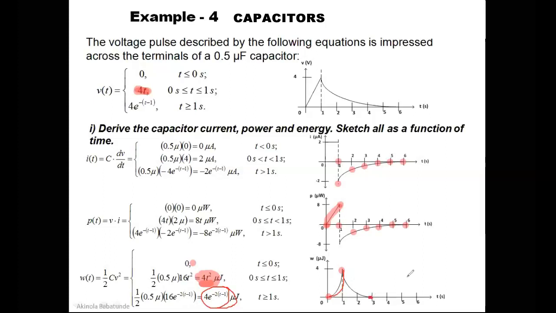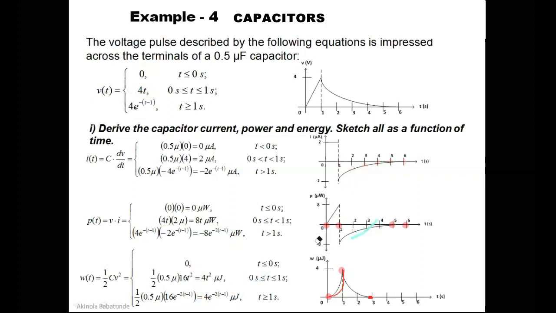Okay, so this is an exponential function. That is why this is going exponentially down. But this one is a quadratic function, by the way. And this is a straight line. That is why it is a straight line here. Of course, this is a constant, and it's going to be a straight line like that.